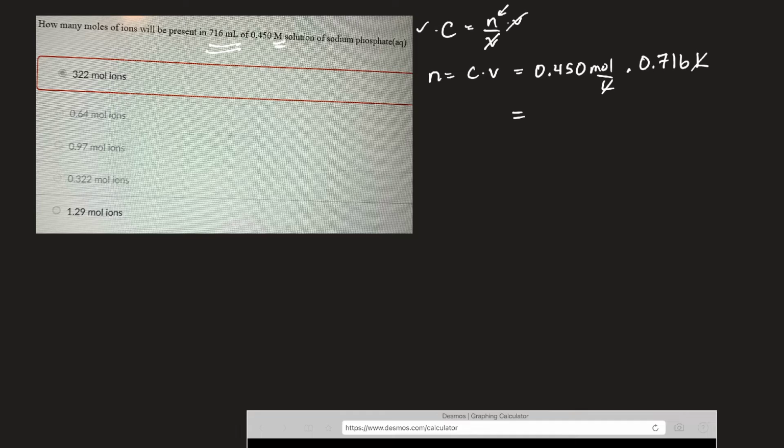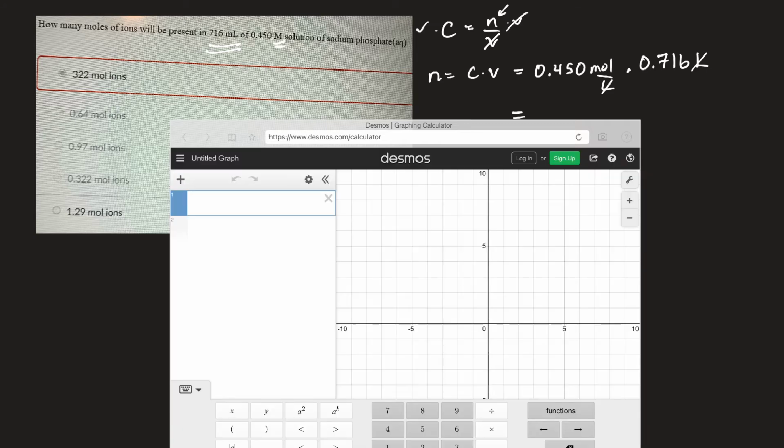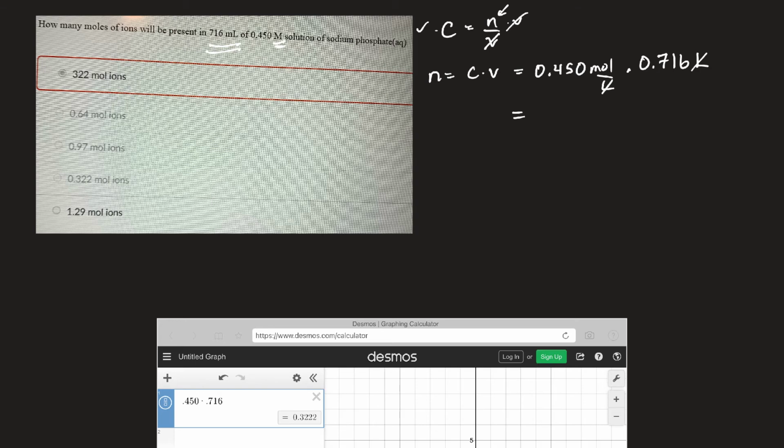Liters cancel out, so let's multiply that. 0.450 times 0.716. Okay, 0.3 and a bunch of twos. 0.3222 moles. Now that's moles of sodium phosphate.